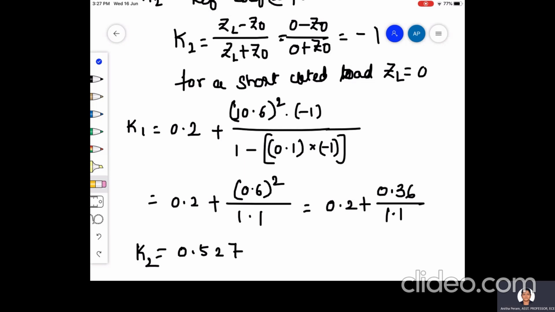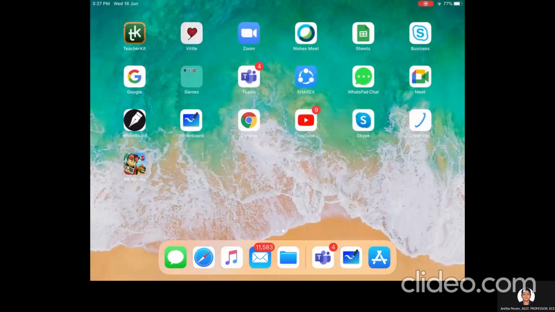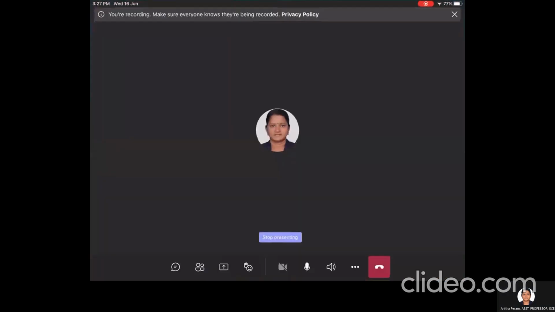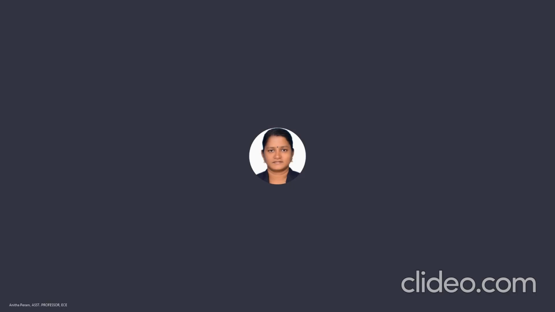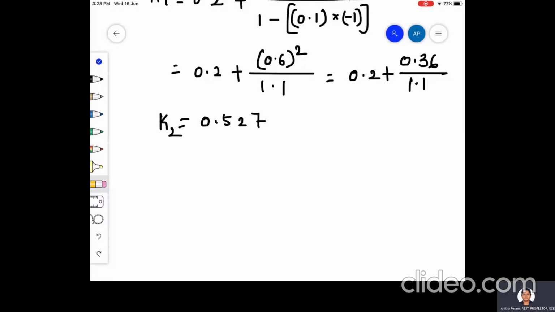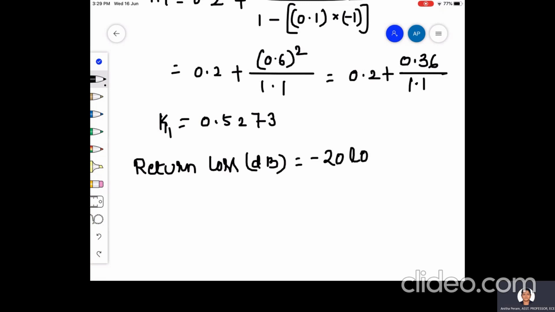So K1 we have determined as 0.5273. The return loss, which has to be specified in decibels, is defined as minus 20 log of K1.